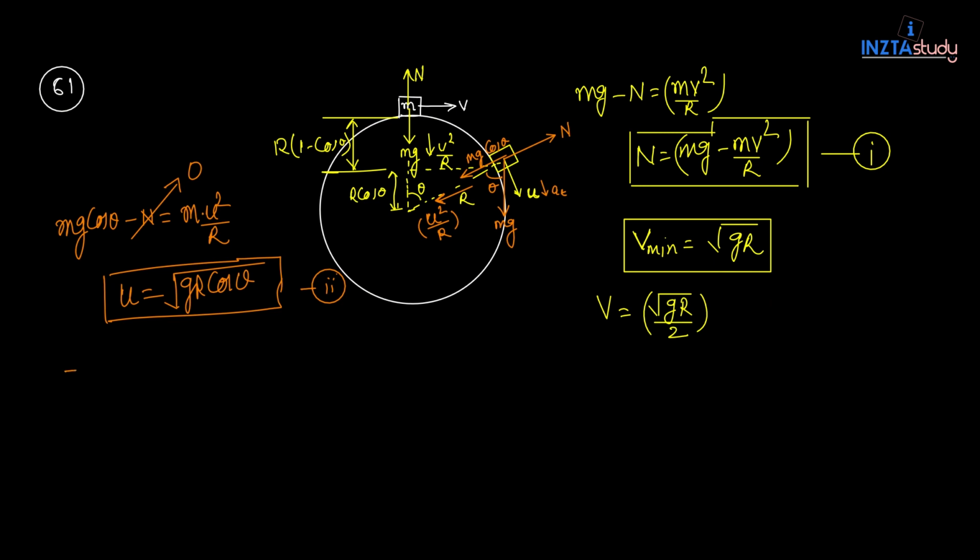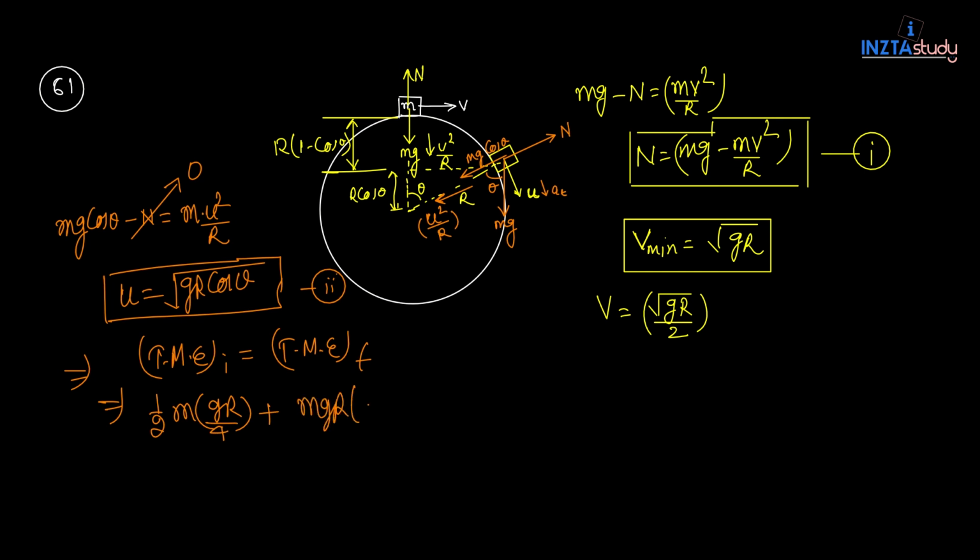and we'll apply that the loss in gravitational potential energy is equal to the gain in kinetic energy. Or we can write that total mechanical energy initially is equal to total mechanical energy finally. Initially it has a kinetic energy of half mv square, where v square is gr by 4, and initially it has a potential energy of mgr into 1 minus cos theta, if I am considering this as the reference level.